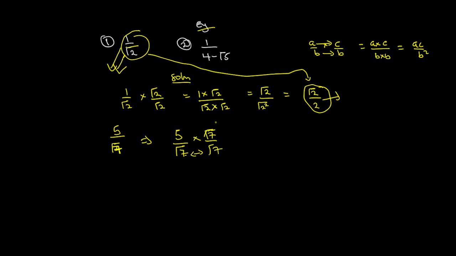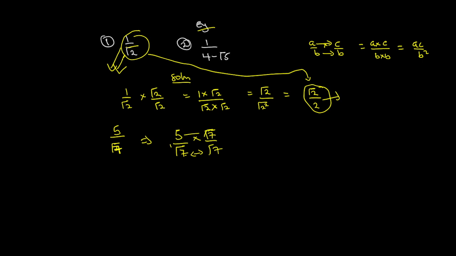When you multiply both numerator and denominator, you are not changing the value of 5 over root of 7. Whatever you do shouldn't change the final value. That's why we multiply and divide: the effect you introduce is the same as the effect you absorb.